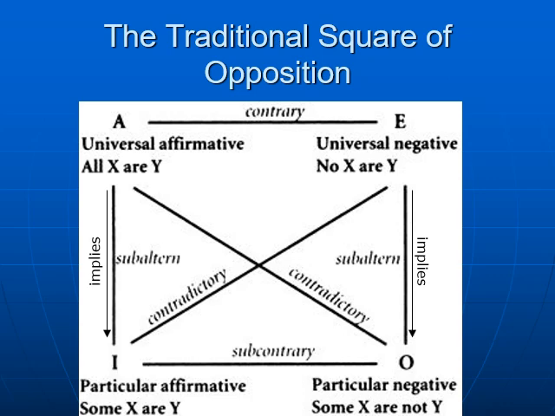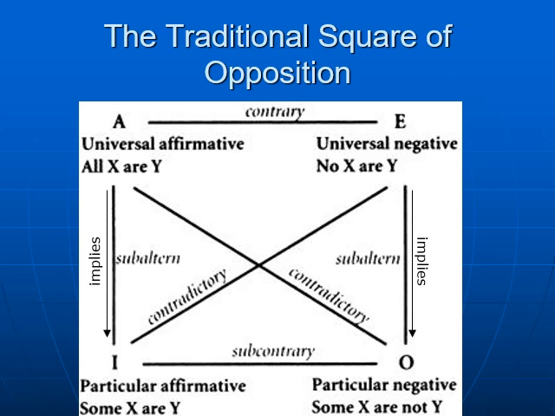In other words, if you know that all trees are plants, then you can also conclude a particular affirmative statement, some trees are plants. And if you know a universal negative, no X are Y, let's say, no trees are rocket ships, then you also know a particular negative, some trees are not rocket ships.